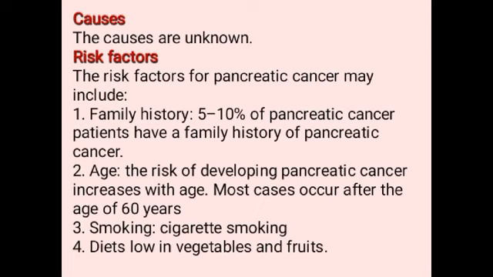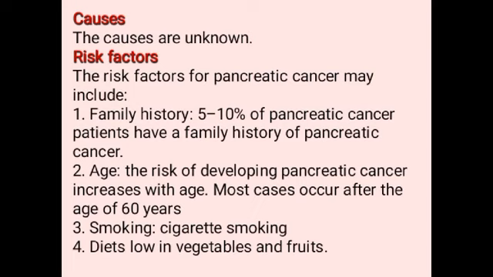Also age. As the person is advancing in age, there are abnormalities in the hormonal control and biochemicals that are running within the body, making the cells go abnormal in terms of their growth, leading to pancreatic cancer. Smoking: cigarette smoking contains some chemicals or toxins that may impair the growth of the cell, leading to pancreatic cancer.